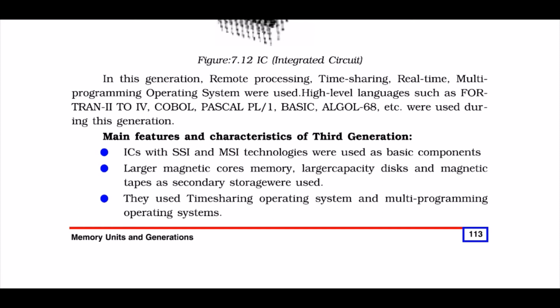were used. Now, what is remote processing? Remote processing is when you access information remotely from somewhere else through the internet or through a network. Time sharing: you can share your time or your data or your file on a real-time basis.